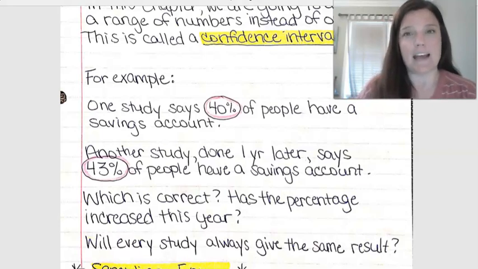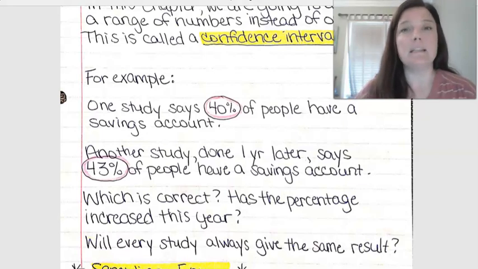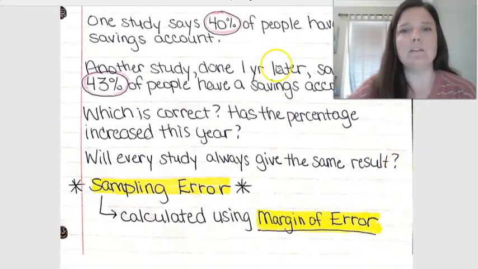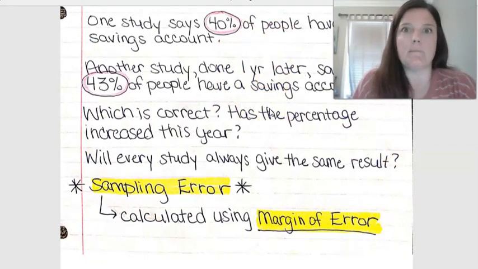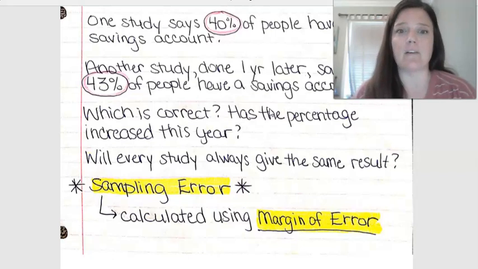And we talked about that as you increase sample size, your sampling error decreases, right? It gets a better and better estimate as you increase your sample size, but sampling error never really goes away. So we're always going to have sampling error, okay? And so that's why looking at 2 studies, we couldn't just say, well, yes, compared to last year, it went up 3%, so that must mean more people now have a savings account.